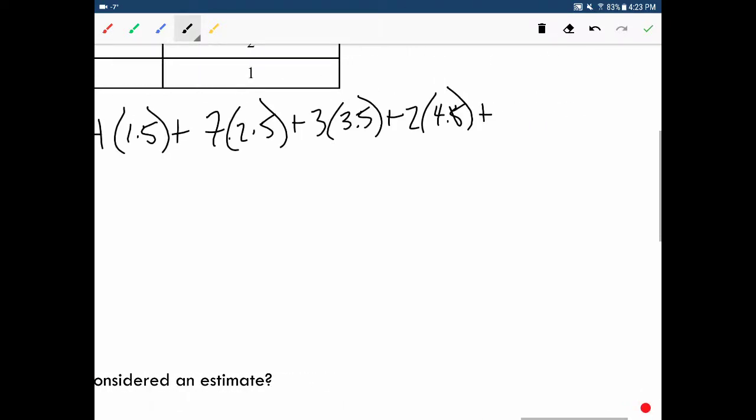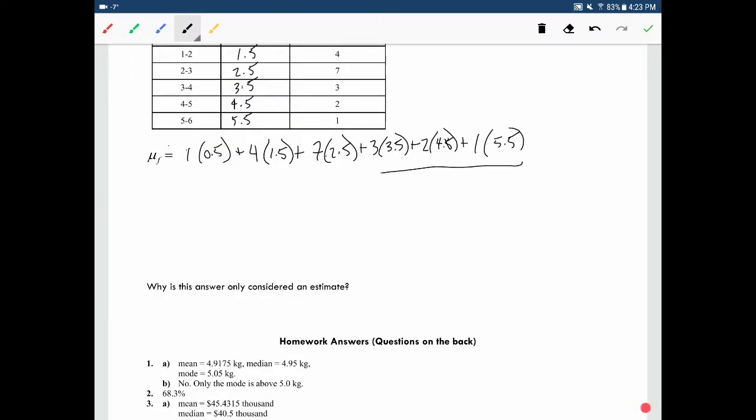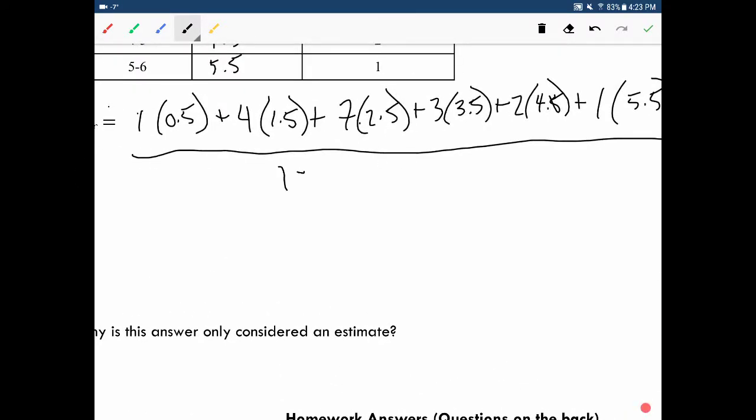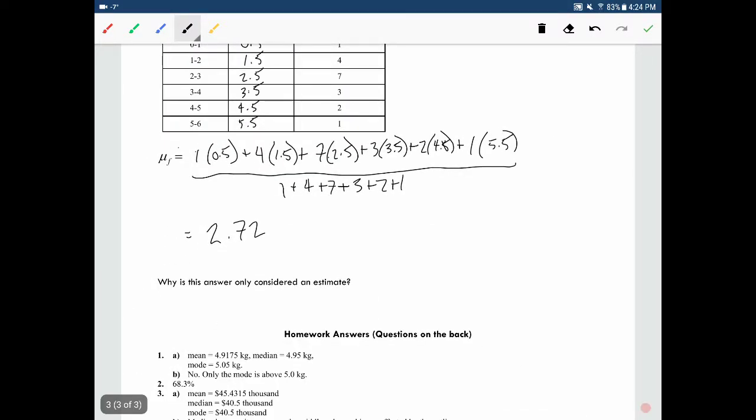Plus 1 times 5.5. And we just divide by the sum of the frequencies, which is 1 plus 4 plus 7 plus 3 plus 2, which should add up to however many people there were. You throw that in your calculator, and you should get 2.72. And that's it.